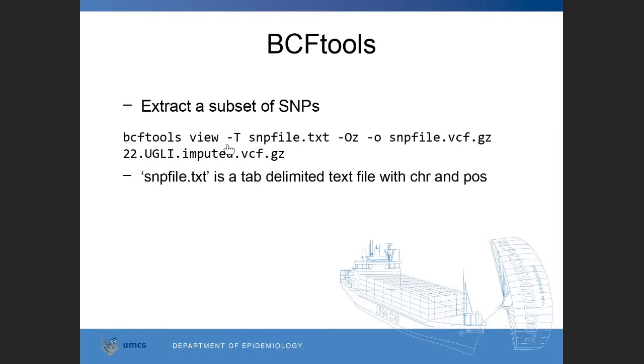Then with this capital T, you can give in a list of SNPs, and this SNP file is a tab-delimited text file with chromosome and position in it. Then the result file will give you the SNPs that you request, and that can be found within this input file.